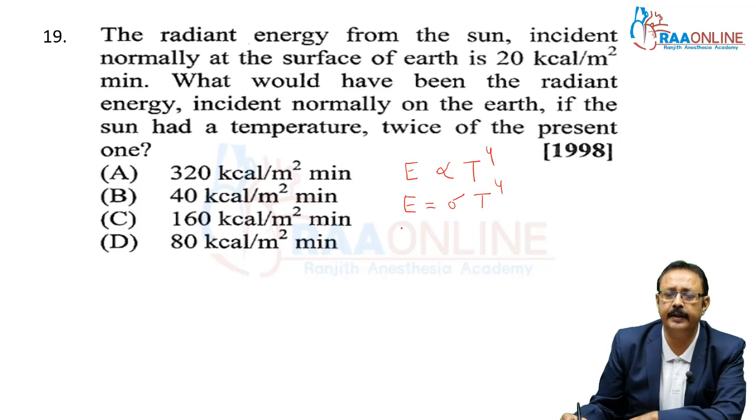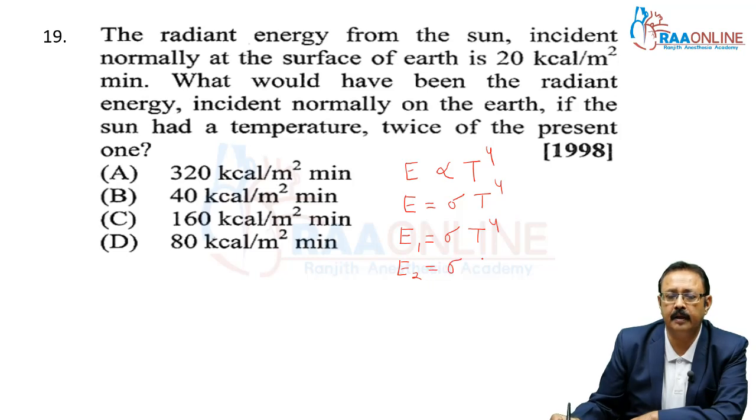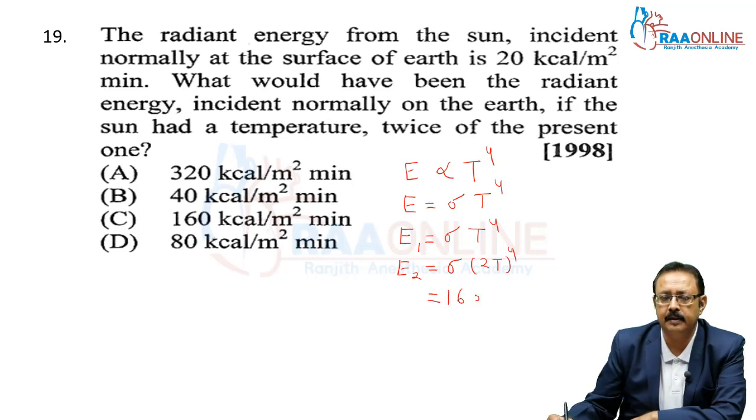If initially it was E1, the temperature was T. Now I make the temperature double. So E2 should be equal to sigma (2T)^4. Means it should be equal to 2 raised to the power 4, 16, sigma T raised to the power 4.